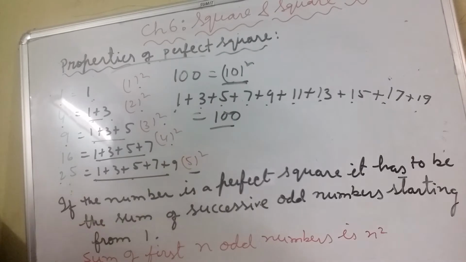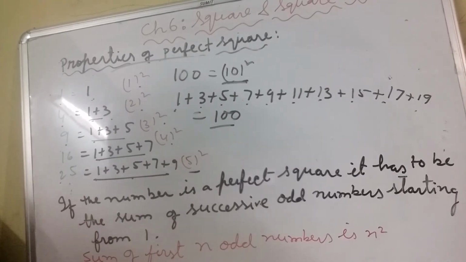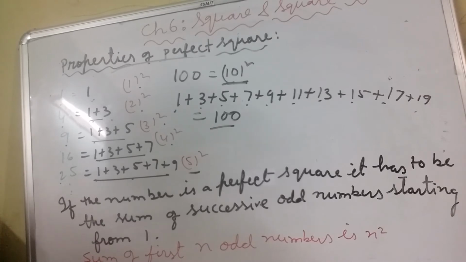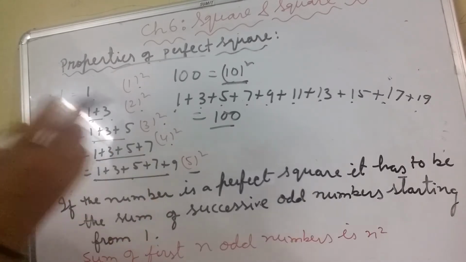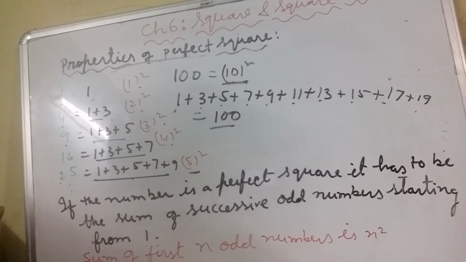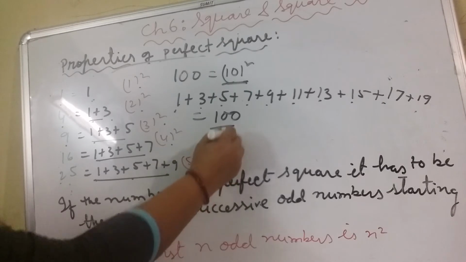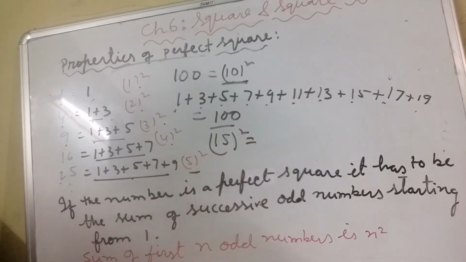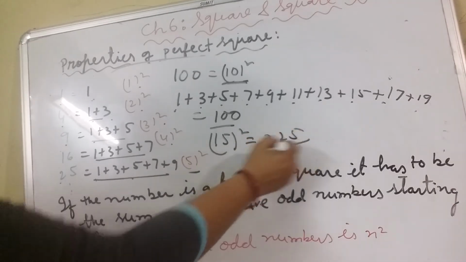That's very interesting. If I ask you what will be the sum of 15 successive odd numbers starting from 1, you don't have to add actually. You can directly find its square and say it is 225.